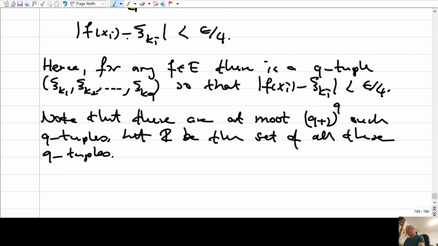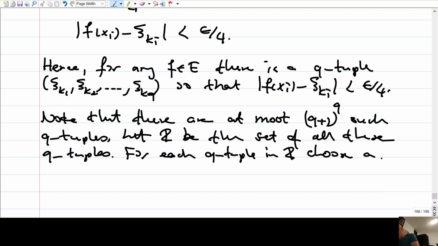Each of these q tuples is obtained from a function. Now, for each such q tuple, let's choose a function. Okay. Now, for each q tuple in I, choose a function.